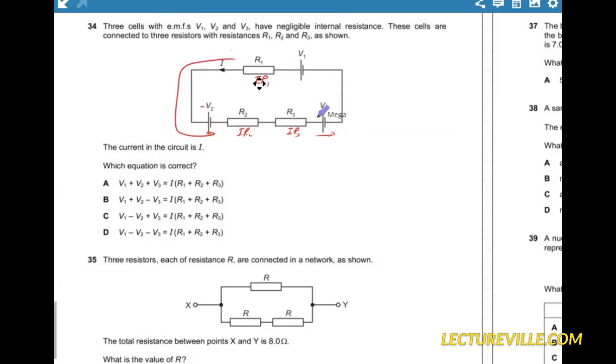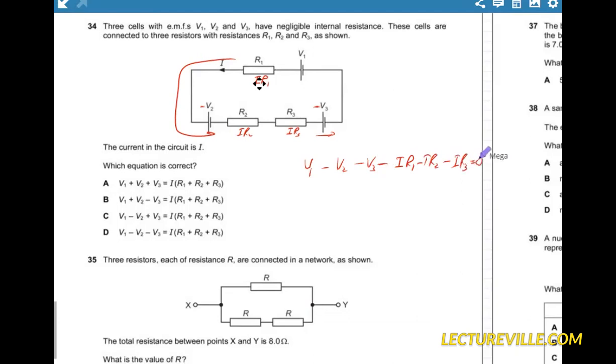This will be minus V3. So it is V1 minus V2 minus V3 plus IR1 plus IR2 plus IR3 equal to 0.